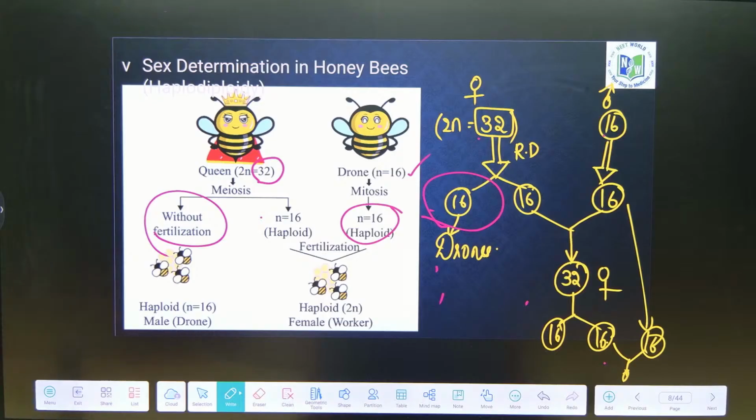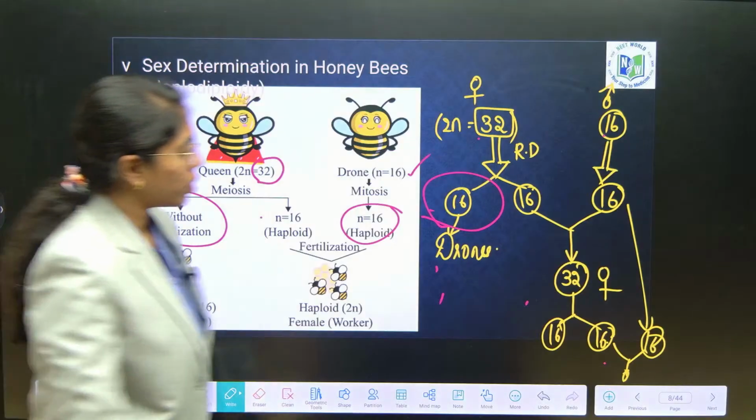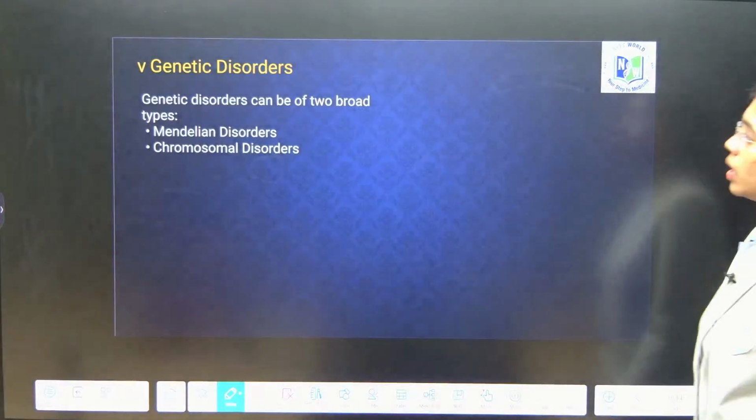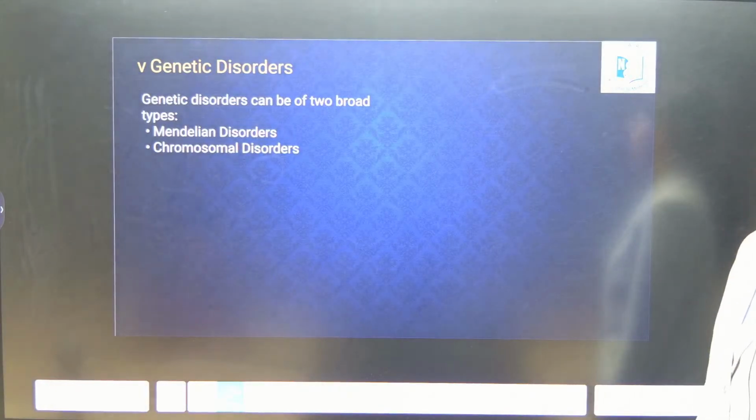Now we will move on to disorders. Now, genetic disorders we have two types, Mendelian and chromosomal.